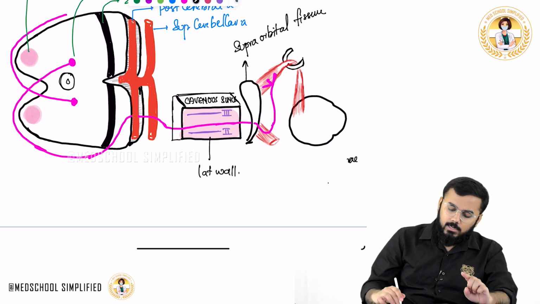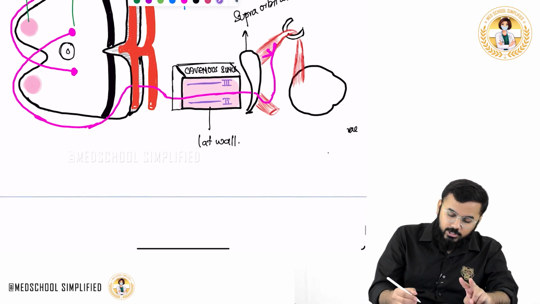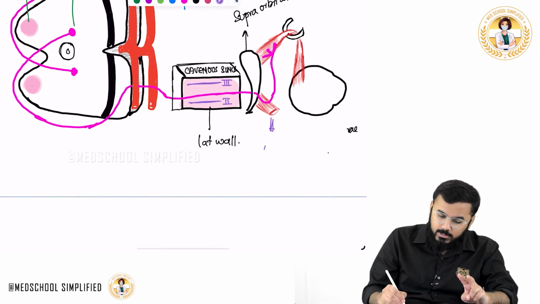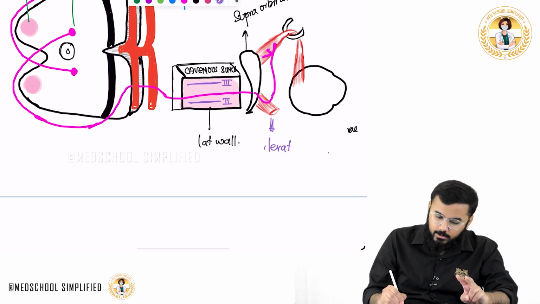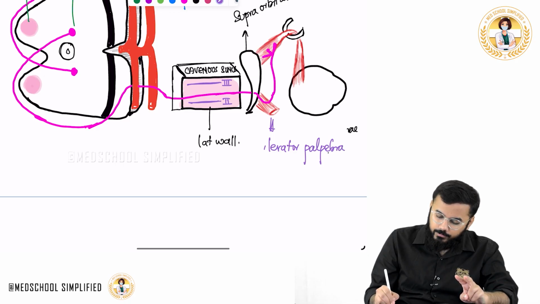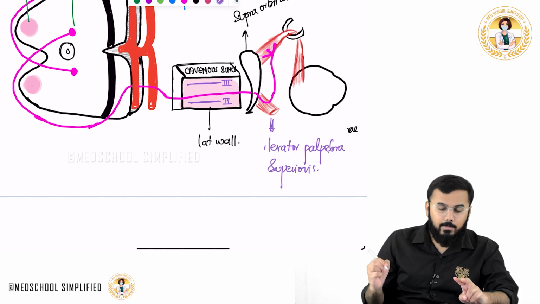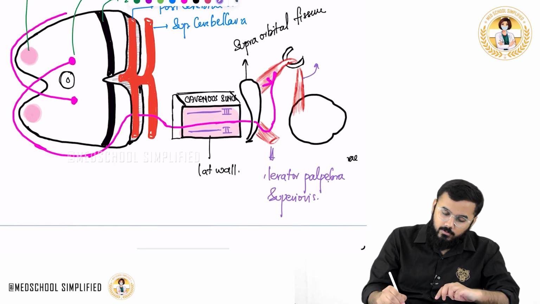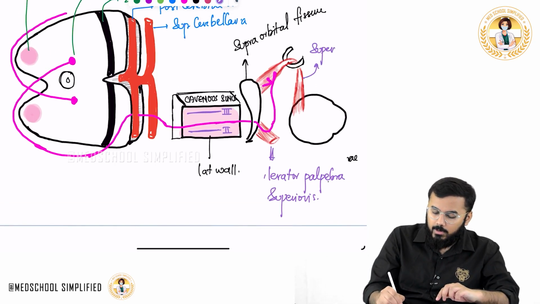What is this muscle? There are actually two muscles here. This muscle over here is called the levator palpebrae superioris, and this muscle over here is called your superior oblique muscle.